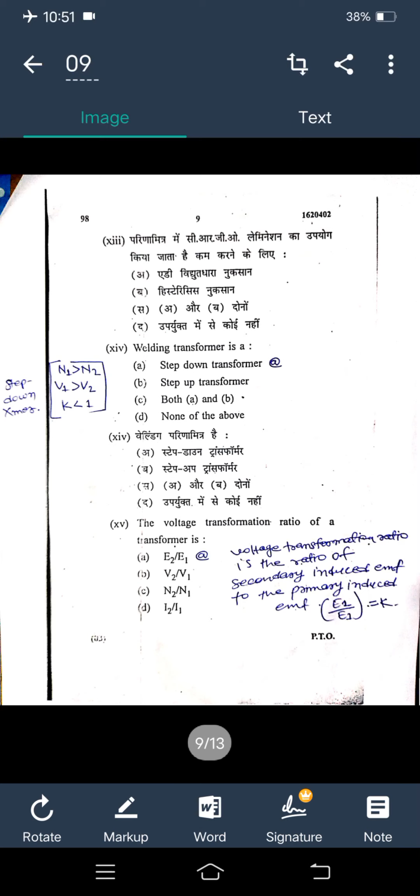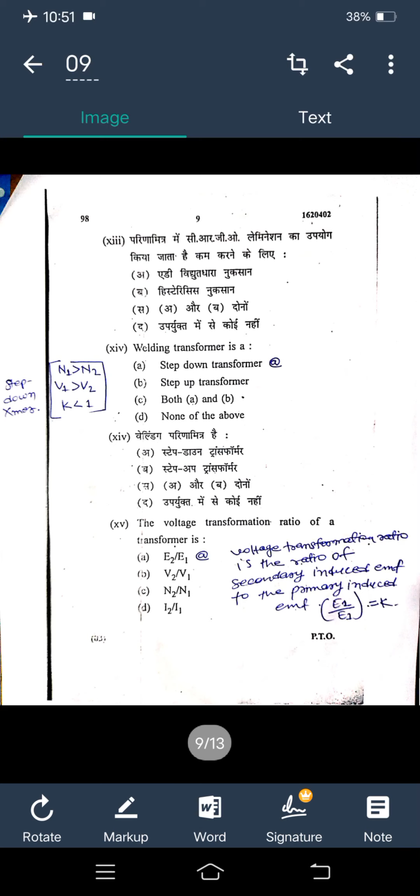And the transformation constant K is less than 1. For question 15, the voltage transformation ratio of a transformer is E2 by E1. Option A is the right answer. It is the induced secondary voltage to the induced primary voltage.